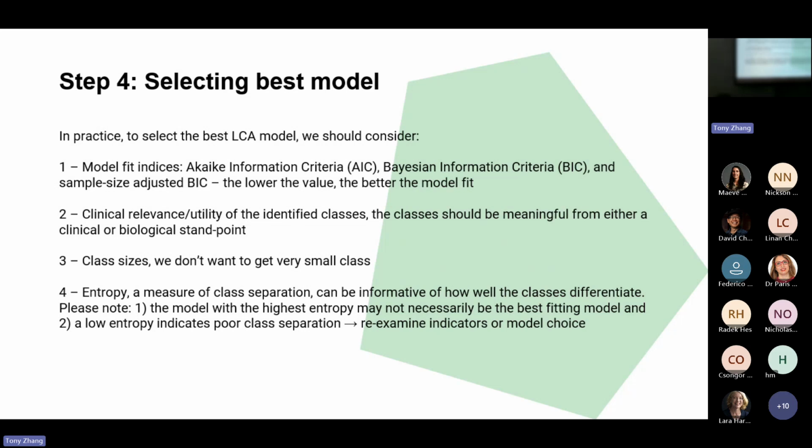All the classes need to be meaningful from either a clinical or biological point of view, or maybe both. So you use these 4 criteria to select your best model.